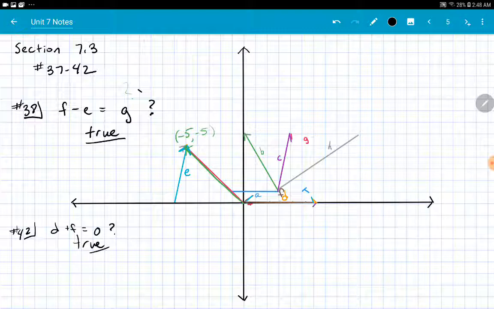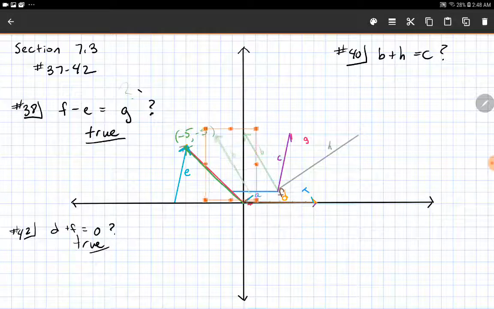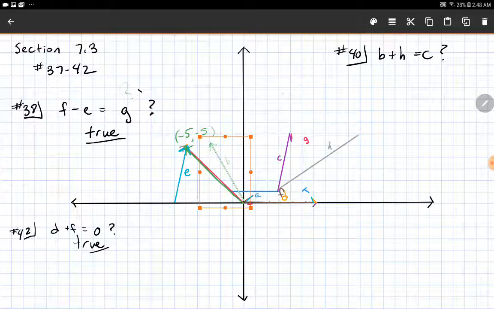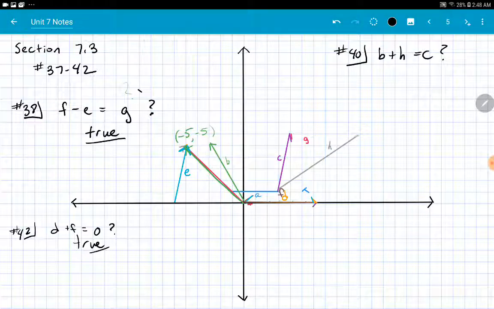And let's do number 40. 40 says B plus H equals C. So B is this green line, so I'll put that at the origin. And then I want to add on H, which is this gray one.